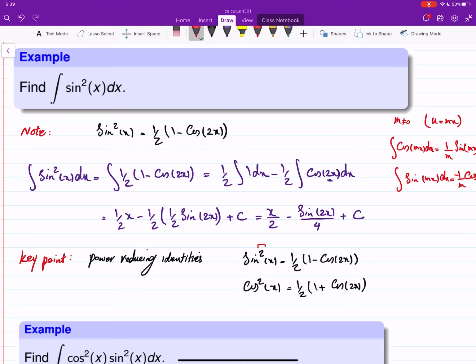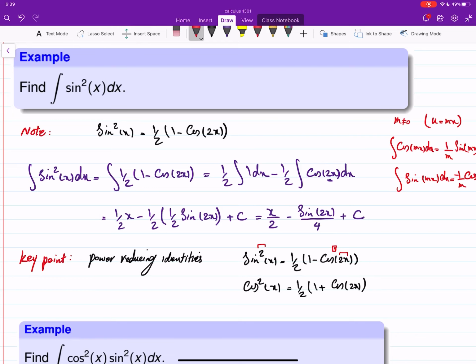One is just a constant, the other one, the power of the trigonometric function is 1, so you reduce the power, though the angle inside is a little bit different, twice the angle you had at the beginning, but the power is reduced.